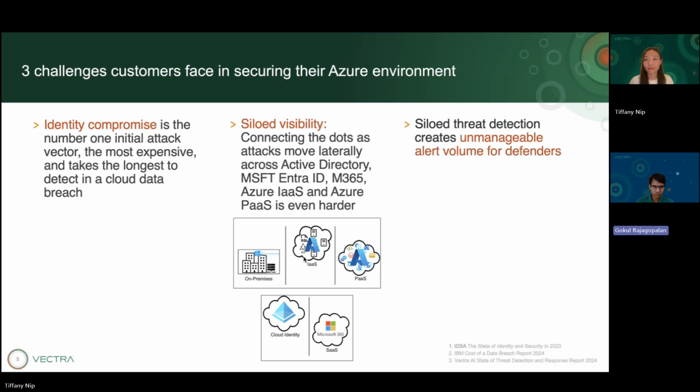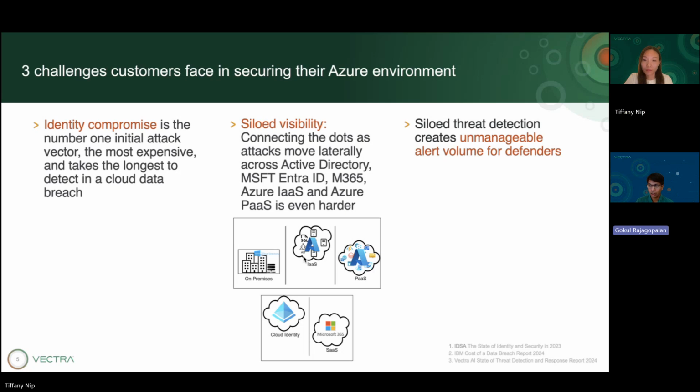So first and foremost, like we spoke about, identity compromise is hard to detect, very fast moving, and the span of what an attacker can do is really broad.